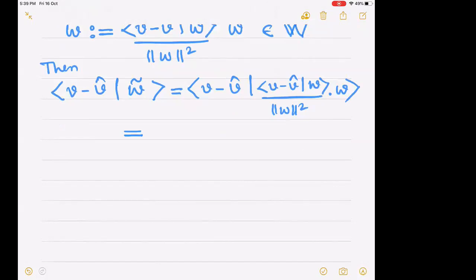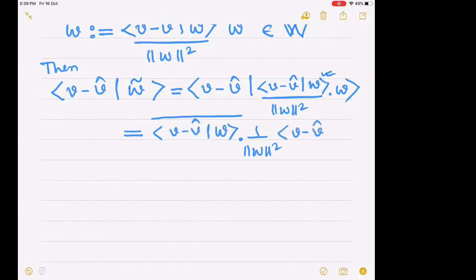This entire scalar will come out with complex conjugation. 1 by norm W squared will certainly be there. That's a positive real number, so its complex conjugation is itself. Then we are left with V minus V hat inner product with W, but this quantity and this quantity are just complex conjugates of each other.